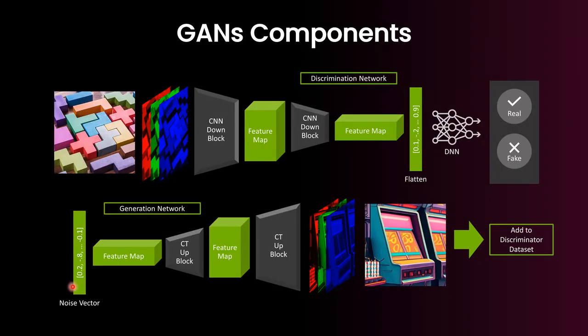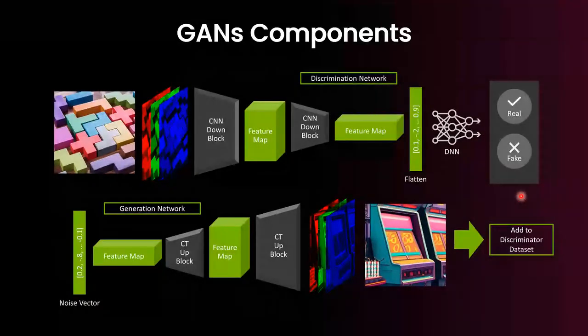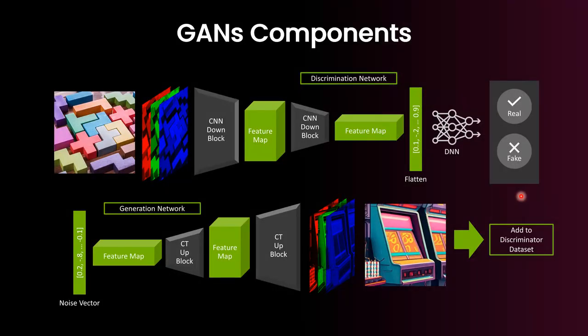The generator takes a noise vector, which passes through the network, and it generates an image, and this image is passed to the discriminator to make sure whether it's real or fake. This is how it's trained, and this is how the components work together, but they are separate components.